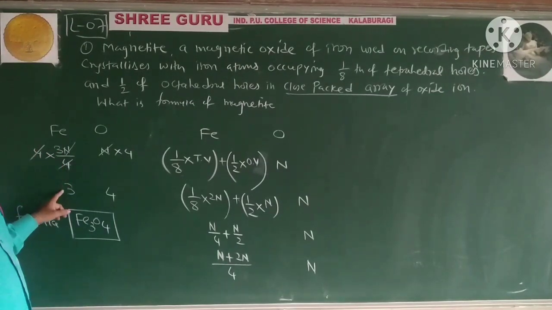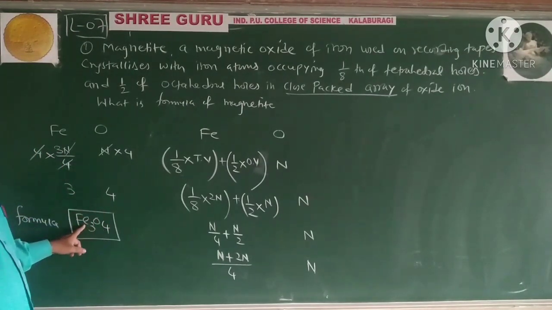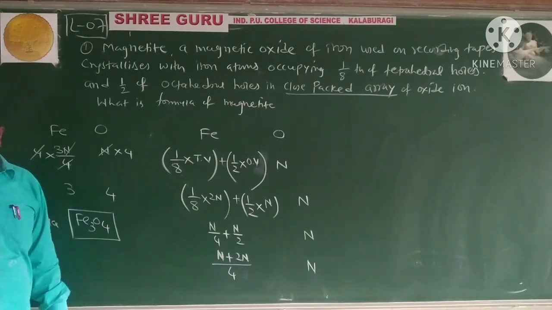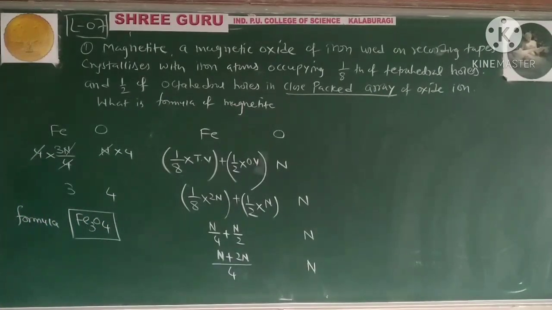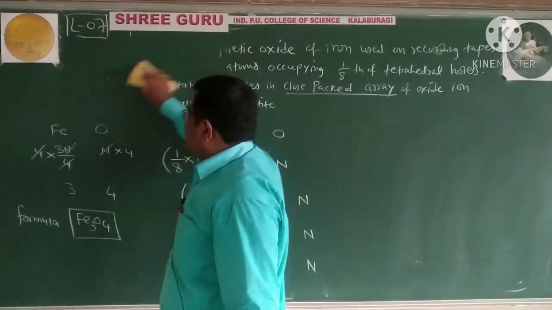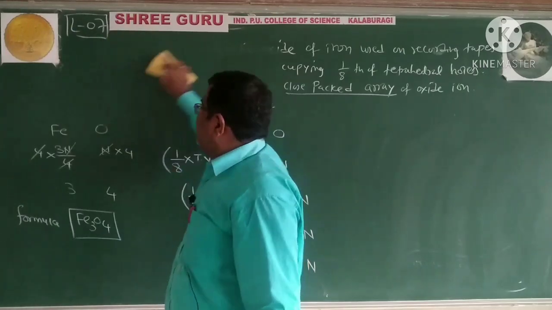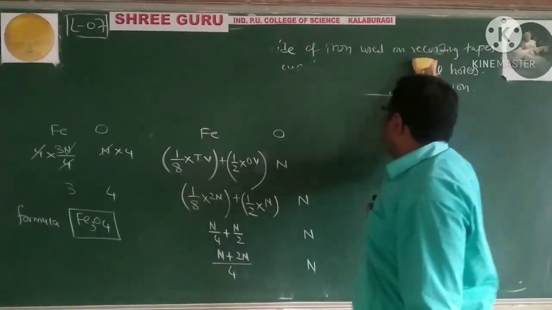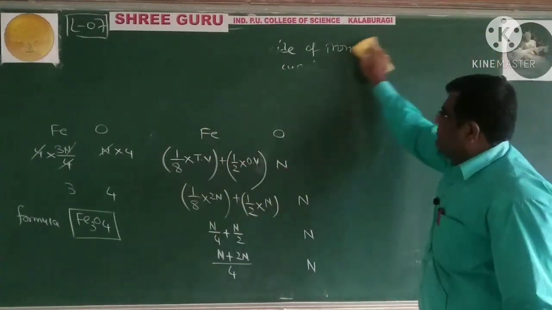Multiply by 4: 3, 4. Fe3O4 is the formula. Not at all difficult. You have to read the question carefully and solve it in the proper way. Of course, we will solve many such questions so that you have enough practice, and we will cover all the variations of this question, so that we can have a very sound background for MCQs.